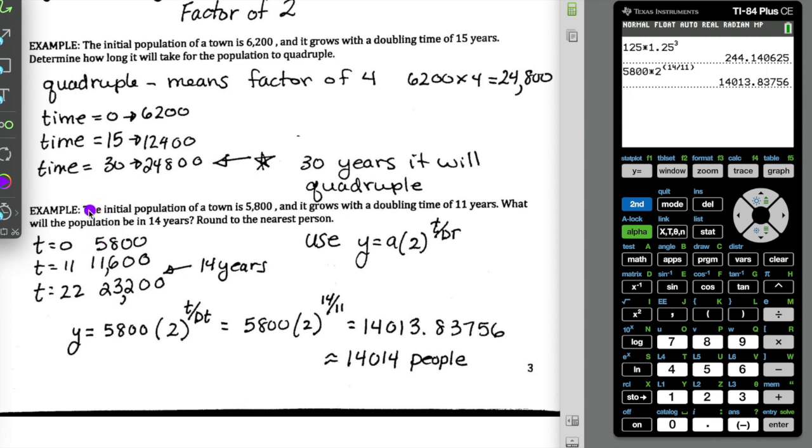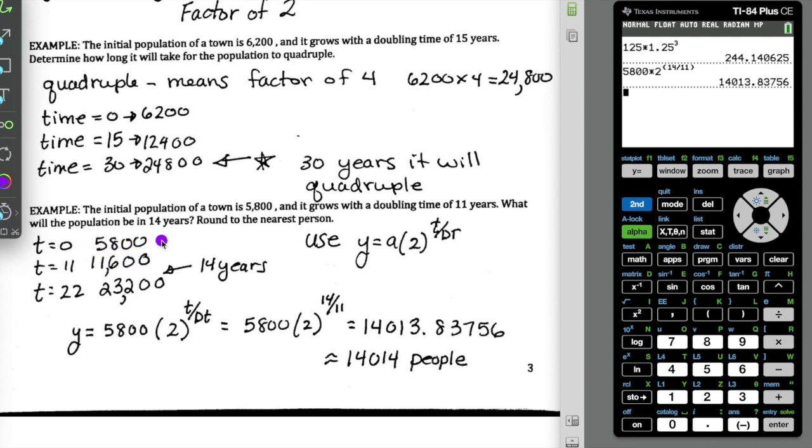Now, looking at this bottom example on page 3, it says the initial population of a town is 5,800, and it grows with a doubling time of 11 years. What will the population be in 14 years? Round to the nearest person. So if we start off using the table method, at t equals 0, I'm starting at a population of 5,800.